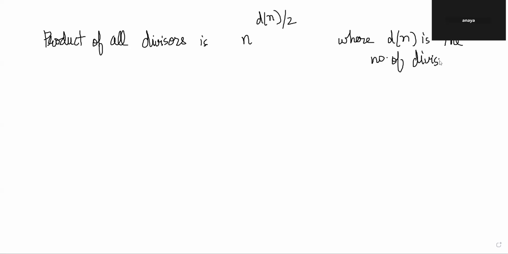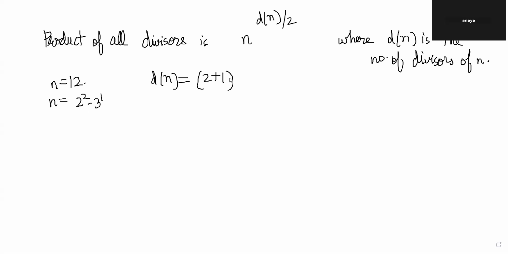If we take an example, let's say n is 12. The number of divisors is what? 12 is 2 square into 3 power 1. So the number of divisors is 2 plus 1 into 1 plus 1, which is 6, right? dn by 2 is 3.